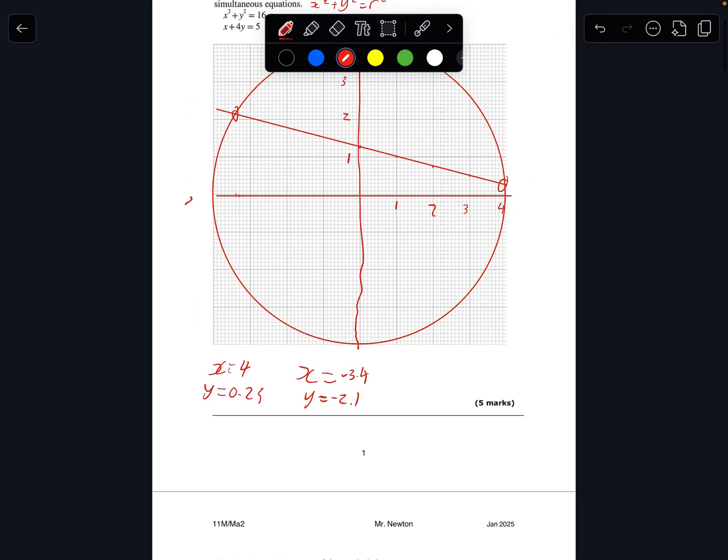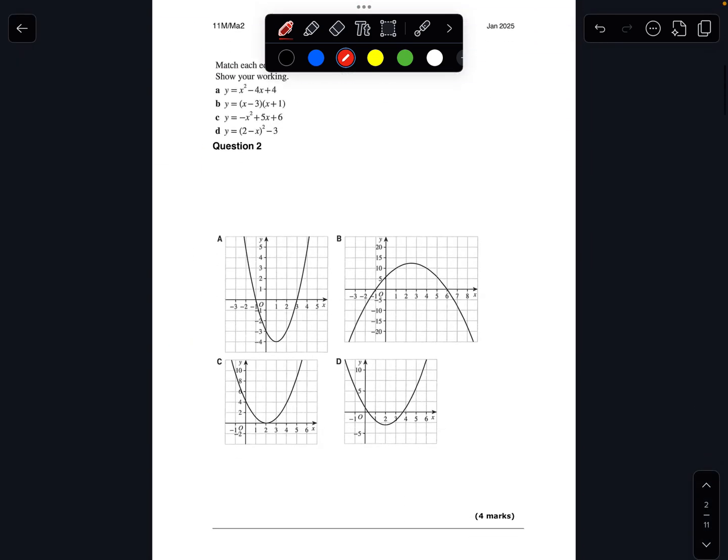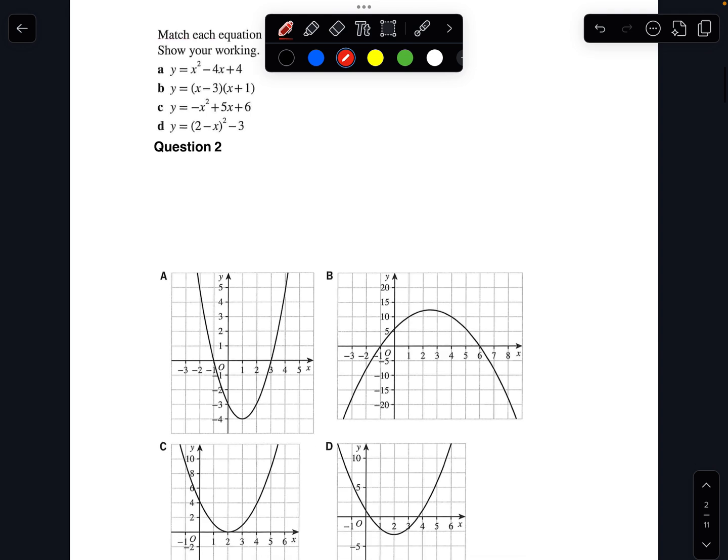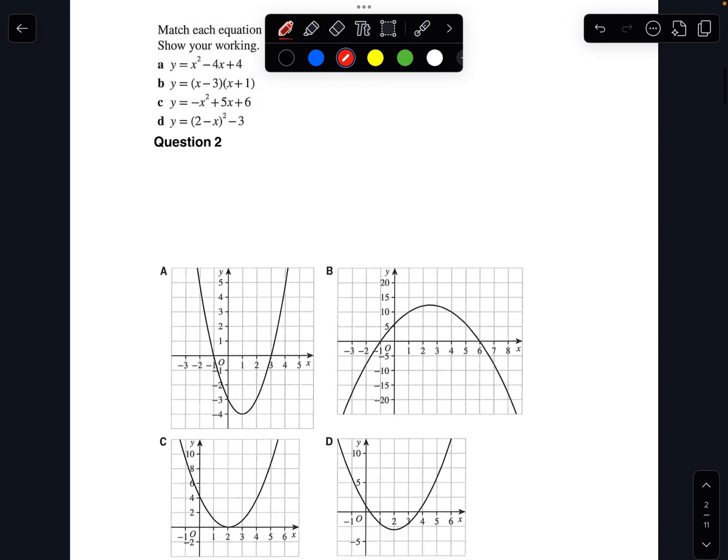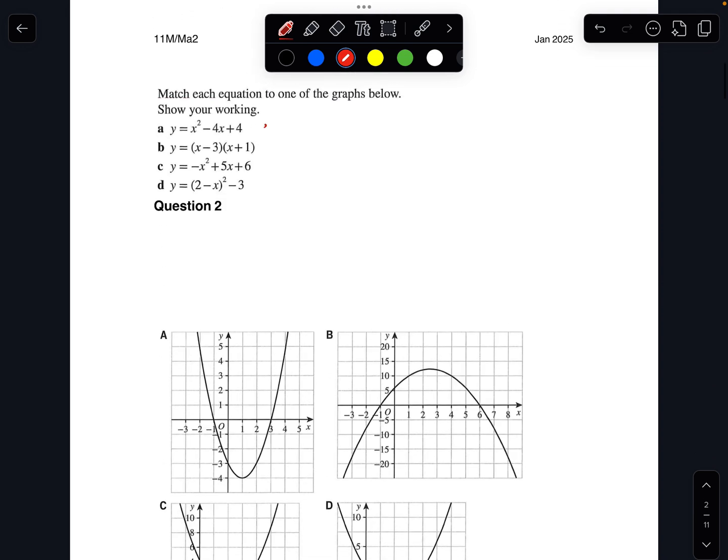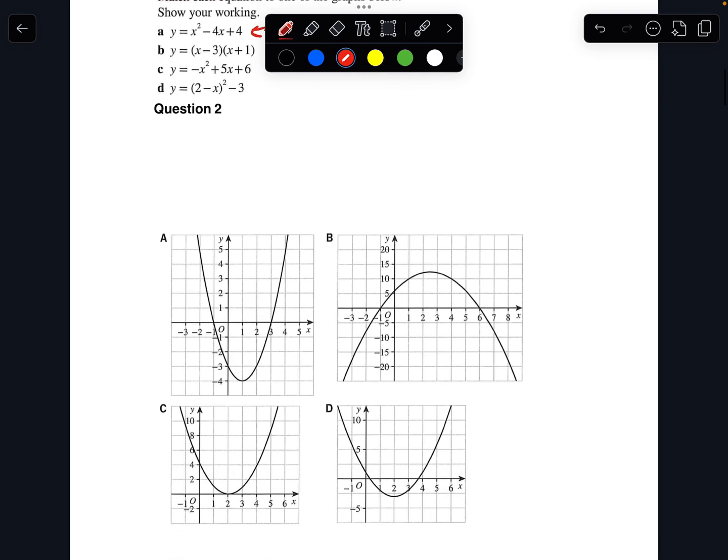Okay, perfect. Right, this first one is going to be a U shape, and it has a y-intercept of 4. So let's see if there's a U shape that has a y-intercept of 4, and if there's only one, then we've got our answer.